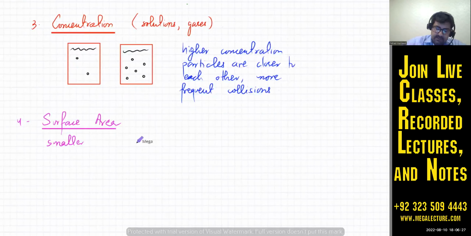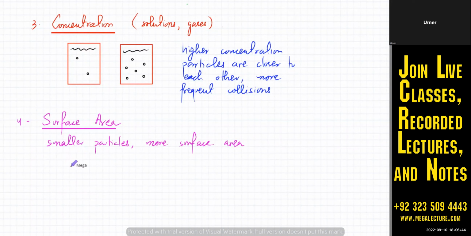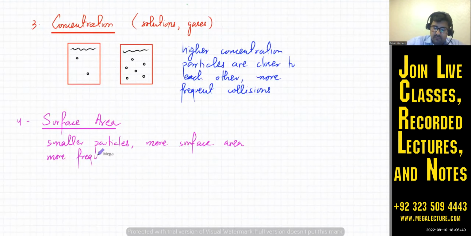So smaller particles have more surface area, which is why there'll be more frequent collisions. So that's about surface area.